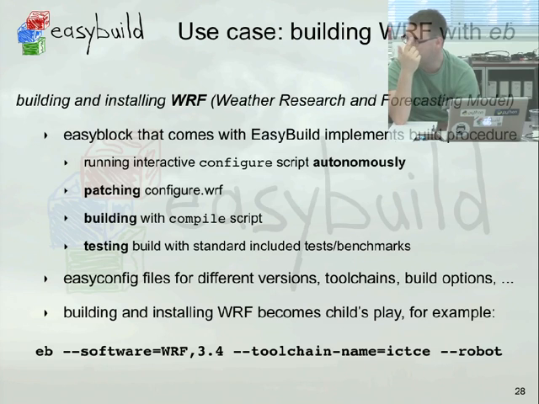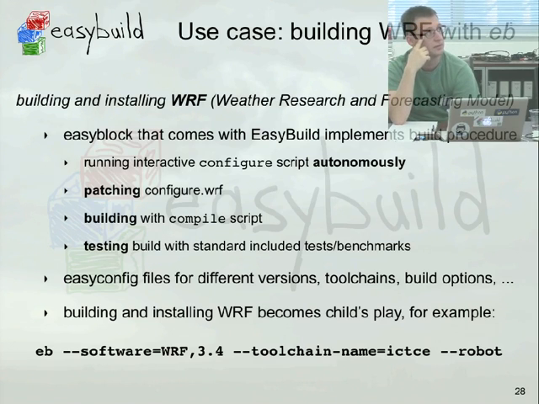So in the easyblock, it's passed a Python dictionary that knows how to answer each of the questions it gets. Then it patches the configure.wrf file by itself. It has all the details, it knows which variables to fill into the configure script, so it just does it, and there's no manual intervention there either.